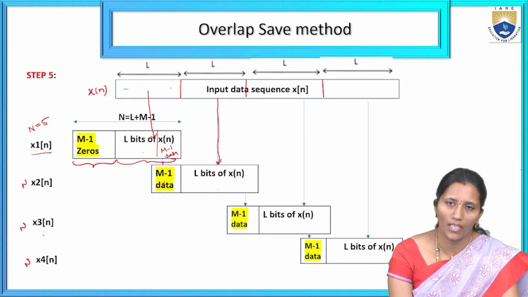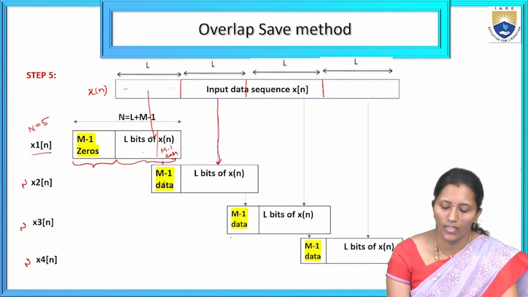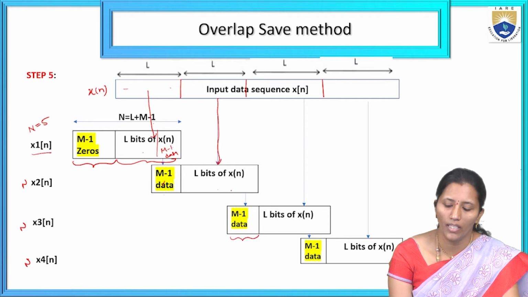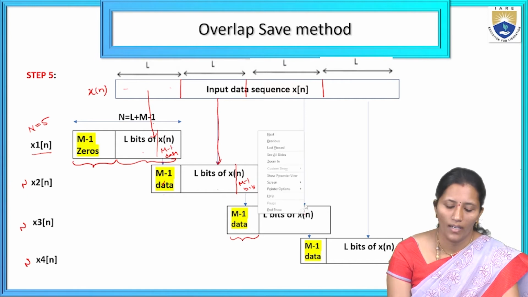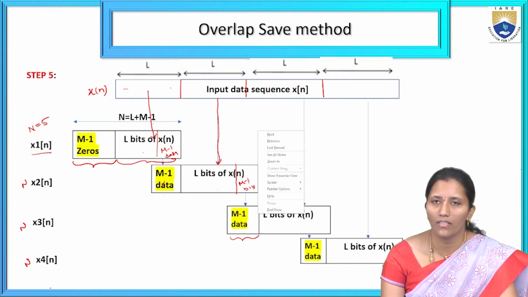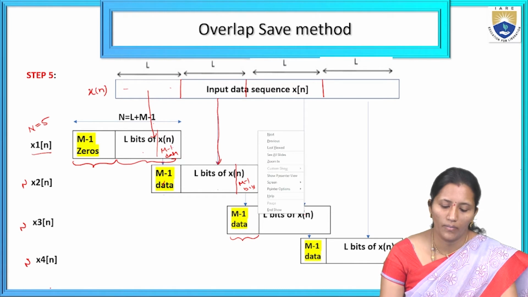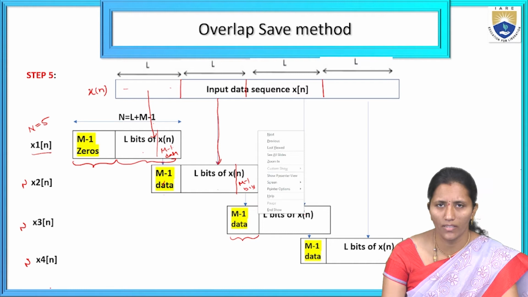And for x3 of n, the first m minus 1 data will be the last m minus 1 bits of x2 of n, followed by the next L bits of x of n. Like that we have to segment each block with the number of samples capital N. So each segmented block should contain capital N samples.